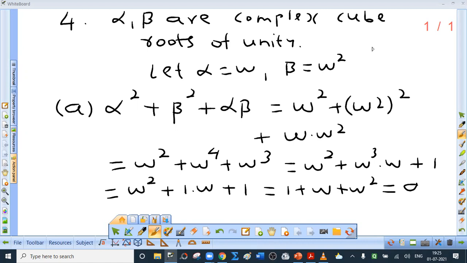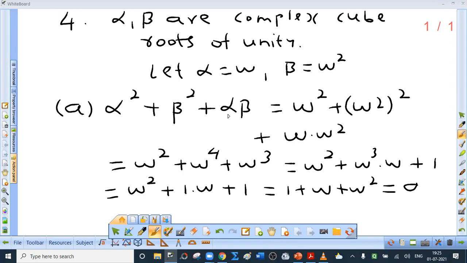Now you will say, but sir, if somebody takes alpha as omega square and beta as omega, his answer will be different. No. Why? See this expression, interchange alpha and beta. Will this change? No, it won't. Replace alpha by beta and beta by alpha. That is why this is called a symmetric expression.